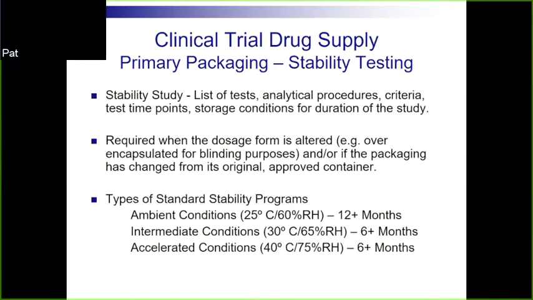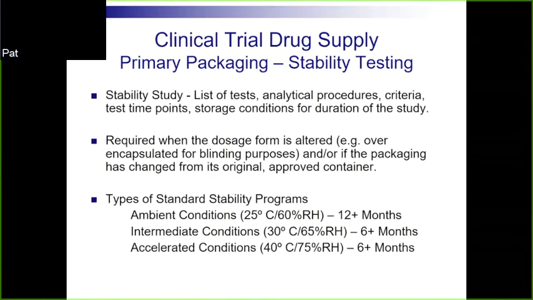The accelerated conditions we do because when we first develop a product, whether it's for investigational use or even in commercial use, we don't have real-time stability data that would say, okay, this product is going to be okay at room temperature for this many months. We don't always have the luxury to wait 6, 12 months to say, all right, we know this product is going to be good for at least that long.